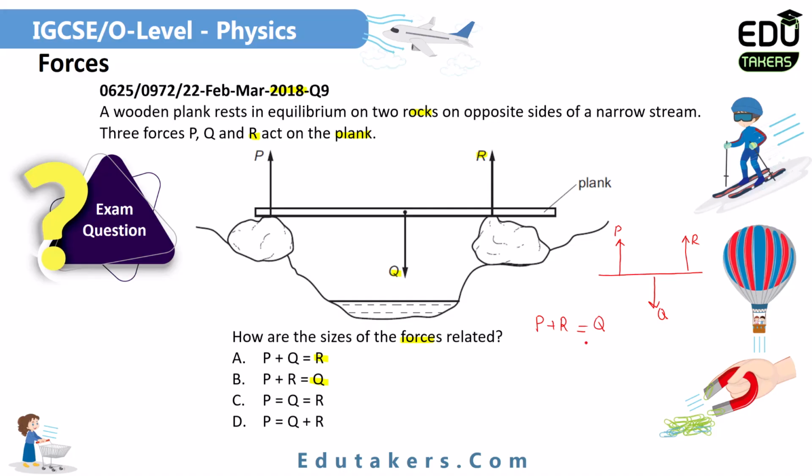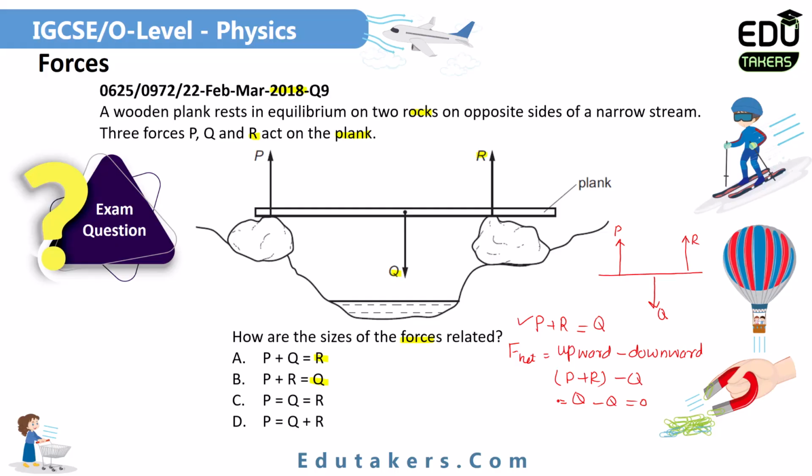If I want to see the equilibrium state, I just write here the net force is equal to upward forces minus downward forces. I just have to apply this concept here. Upward forces are P plus R and the downward force is only Q. So according to this equation, P plus R is equal to Q. So I just put here Q minus Q. It would be equal to 0.